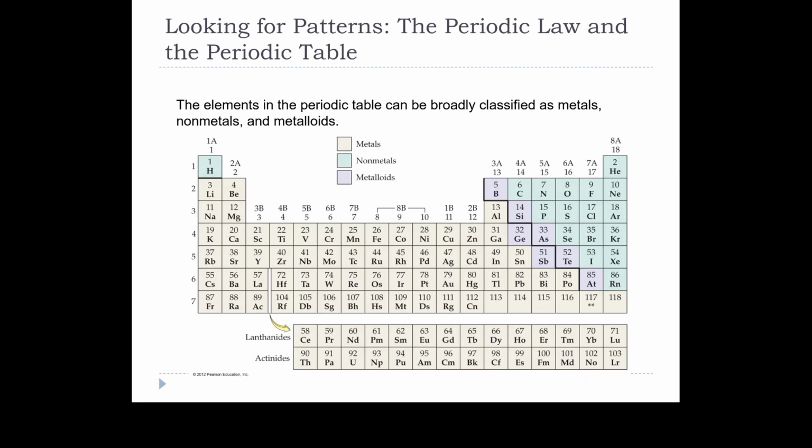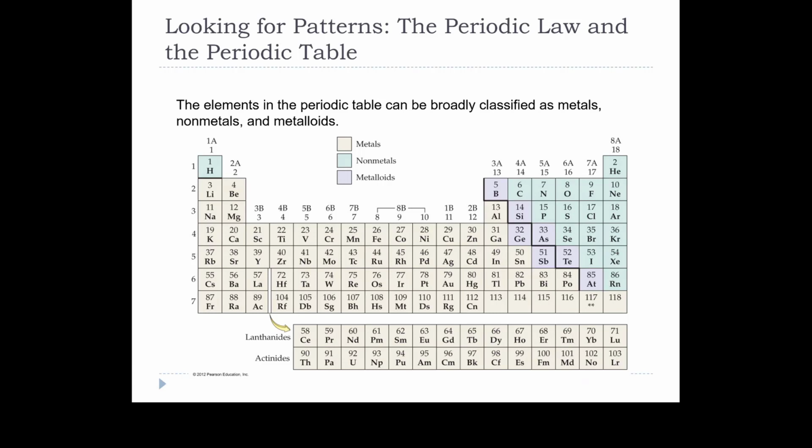What about nonmetals? Well, nonmetals are the ones that you see in green, right? They're the ones on the right-hand side toward the top of the periodic table, and they're kind of everything. Let's look at column 7A or column 17 over there. We call that column the halogens. Fluorine and chlorine, so F and Cl, those are both gases, right?